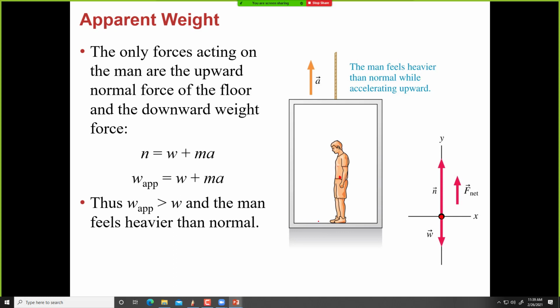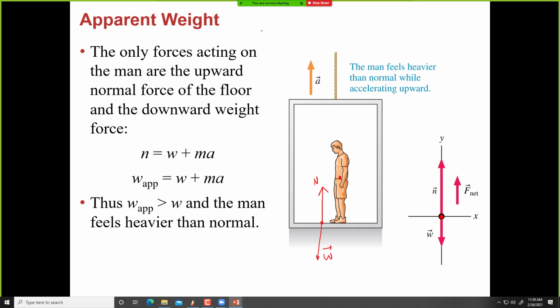One is the normal force. Two is the weight of the object, or gravity force. Those are the only two forces acting on this person. Now let's write Newton's second law for this person.